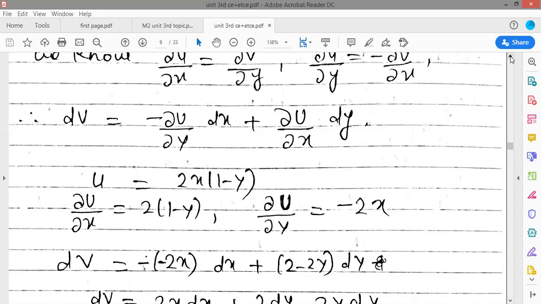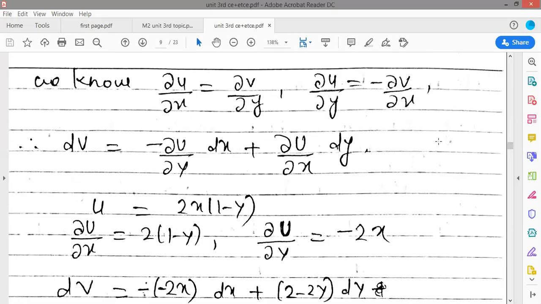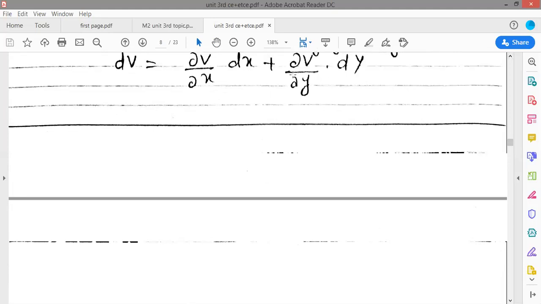First, we know that del u by del x is equal to del v upon del y, and del u upon del y is equal to minus del v upon del x. And what are these equations? These are the Cauchy-Riemann equations. So we can write del v upon del x is equal to minus del u upon del y, and del v upon del y is equal to del u by del x.